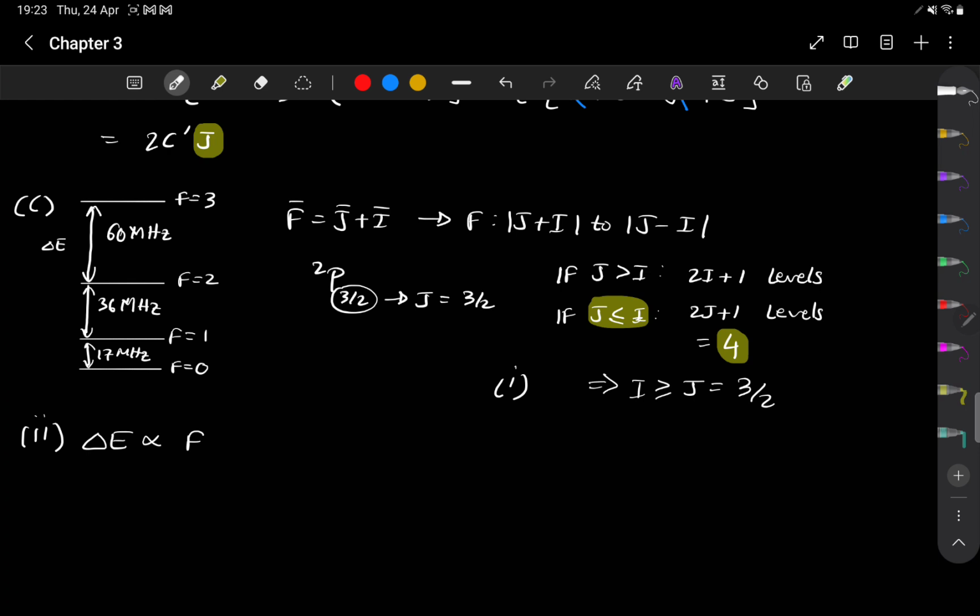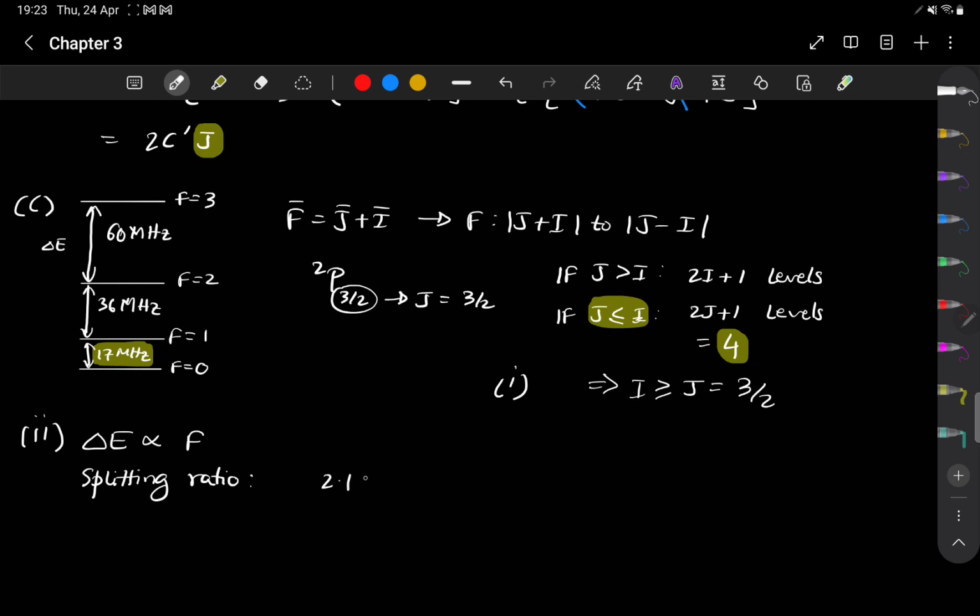So if we want to find out the splitting ratio, with respect to this bottommost splitting energy, this 17 megahertz, so 36 over 17, that is 2.1.